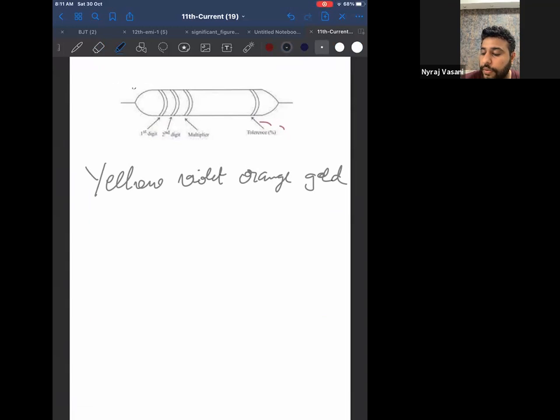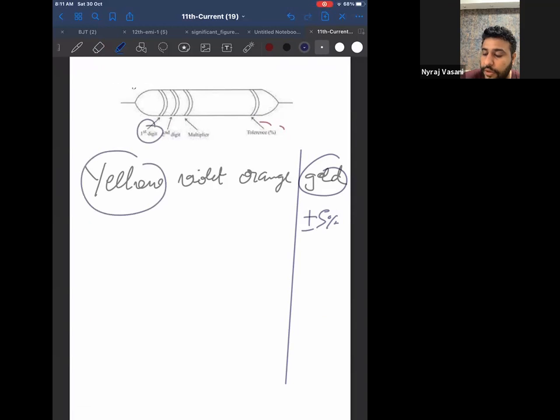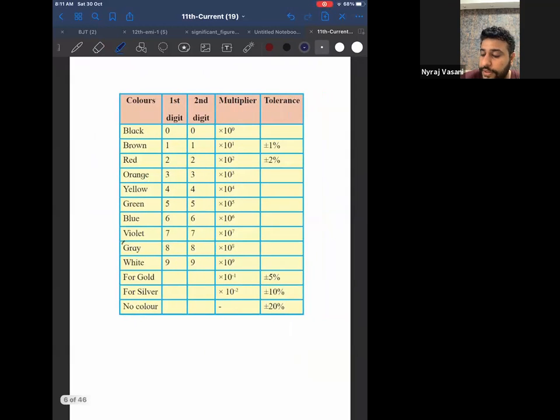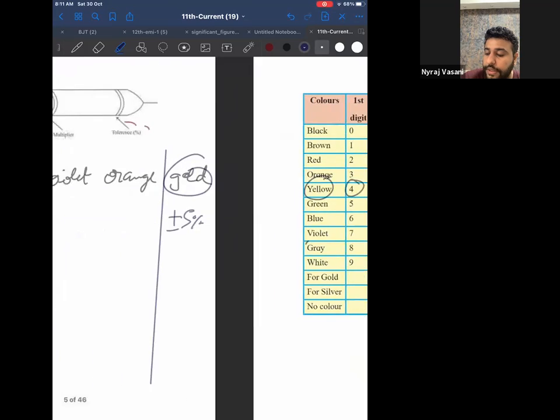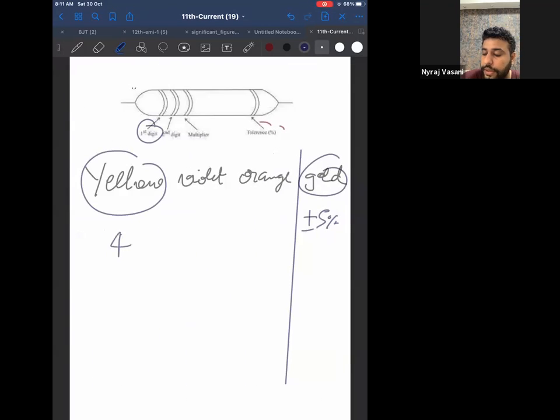So here what you need to do is, again, you need to split. Gold is plus or minus 5% again. Now, the first digit is yellow. Yellow first digit is 4. Therefore, this will be 4.